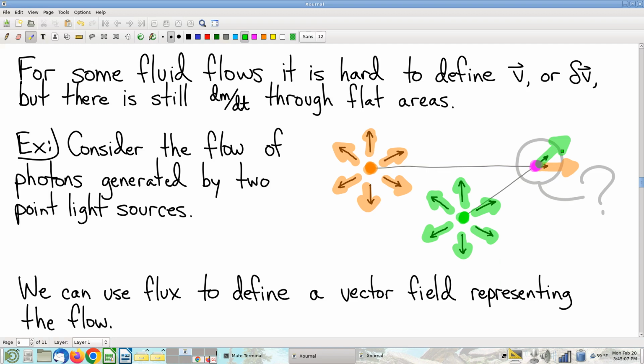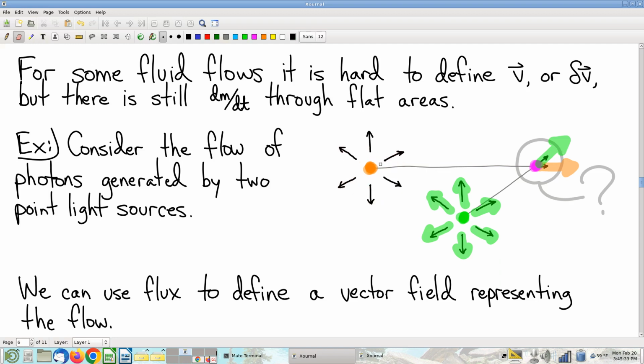So at a point like this, the ugly issue we have to deal with is I can't talk about the velocity at this point. Because some of the photons have this velocity, some of them have that velocity. Which one? Or do I add them or something? I mean, it's really not clear what I should do to describe this. Is everybody with me? Okay.